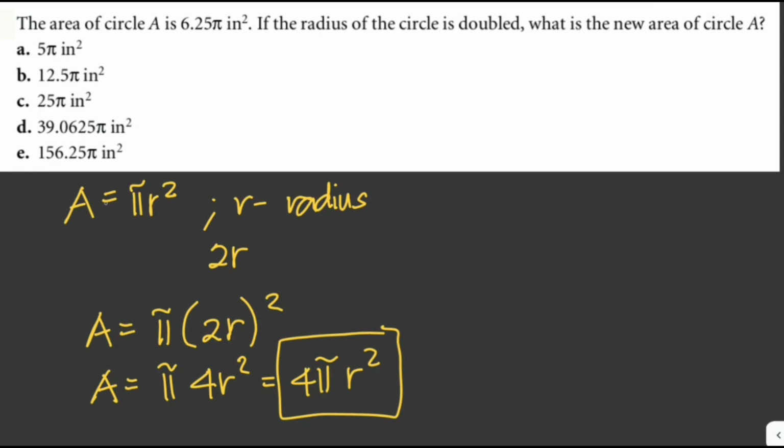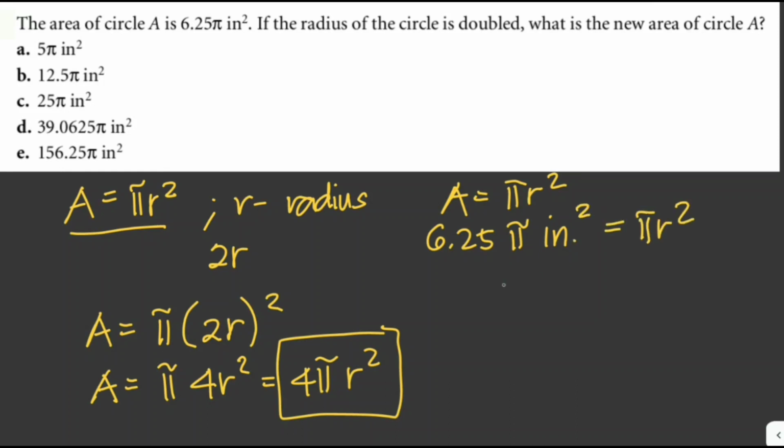So let's solve for the radius here first. For the original circle, this is pi r squared. We're given the area 6.25 pi square inch equals pi r squared.